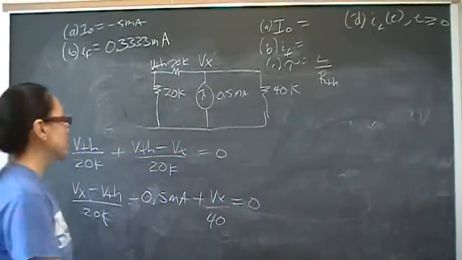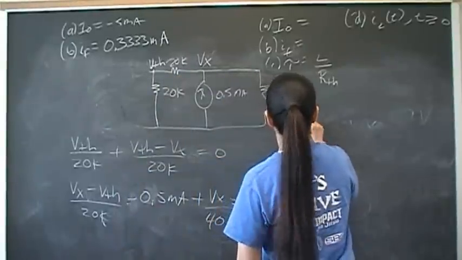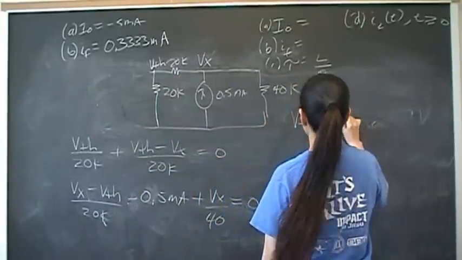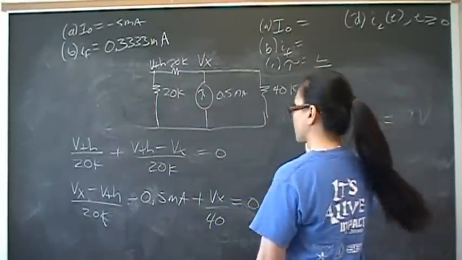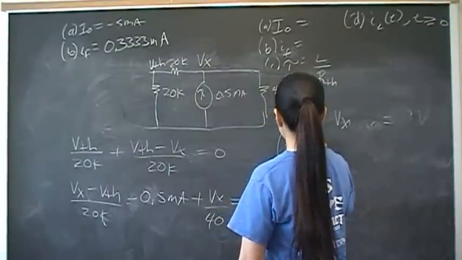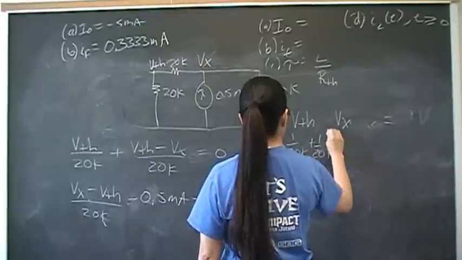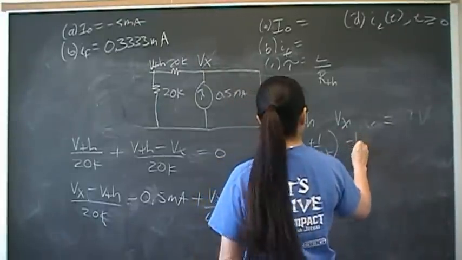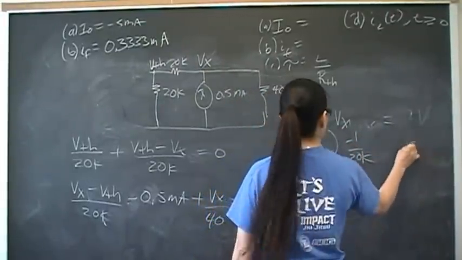Now let's make our matrix. We've got V Thevenin and Vx. In the first equation, for V Thevenin we have 1 over 20K plus 1 over 20K, and for Vx we have negative 1 over 20K, with no constants.